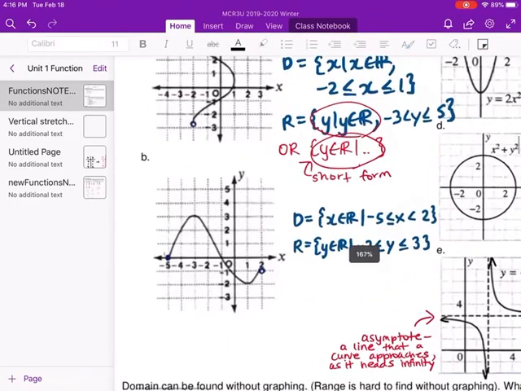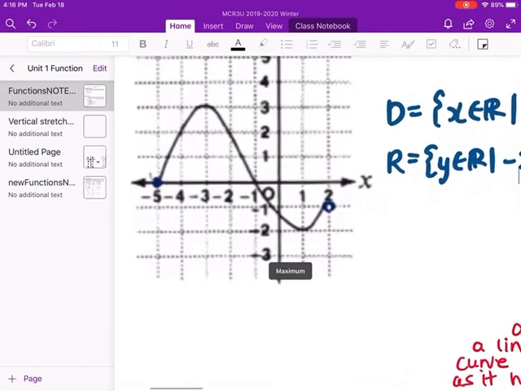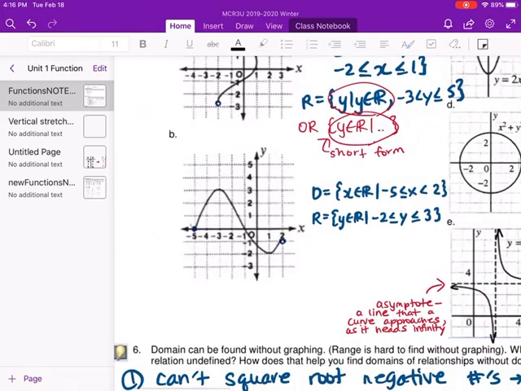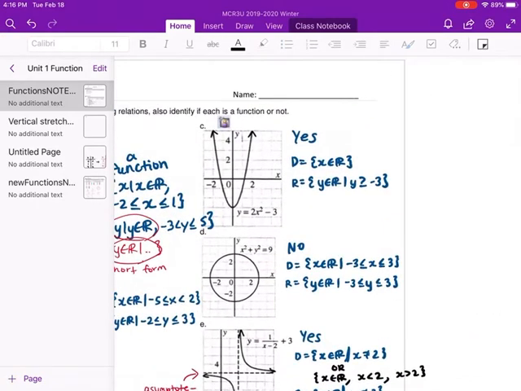So part B. I have a domain from -5 to 2, and it does not include 2 because there's an open hole at 2. The range is from -2 to 3. The lowest value is -2, and the highest value is 3. All right, part C. It's a parabola.